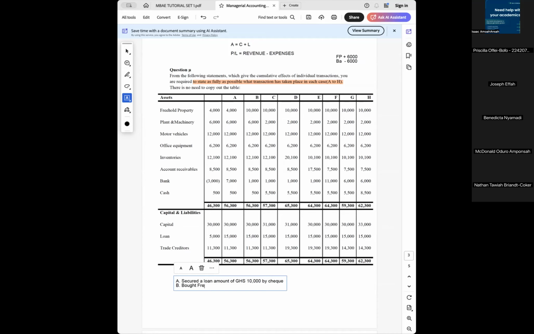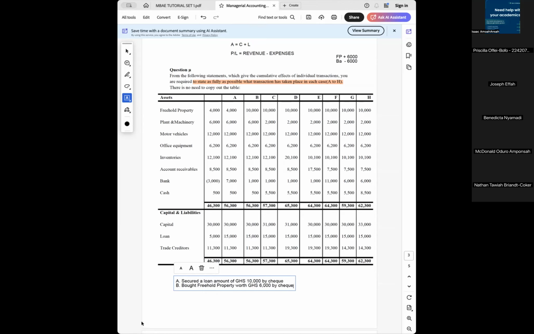Bought freehold property worth 6,000 Ghana cedis by cheque. You said the currency was not stated, right? Yes, the currency was not stated.